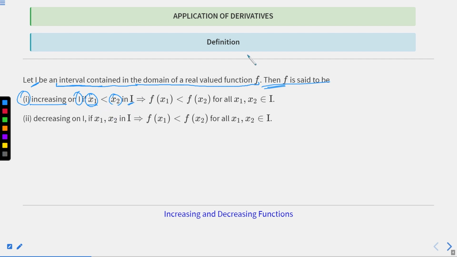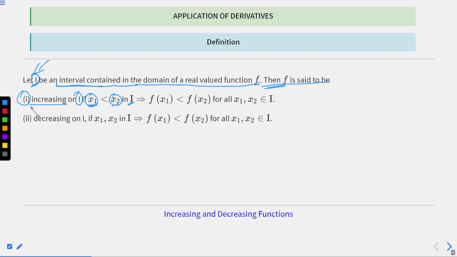So you have your interval I, you pick two points from that interval, and both of the points are not the same. You are picking two different points, so one of them must be greater and the other one must be lesser. So we are assuming that x1 is less than x2. This means x2 is greater than x1.